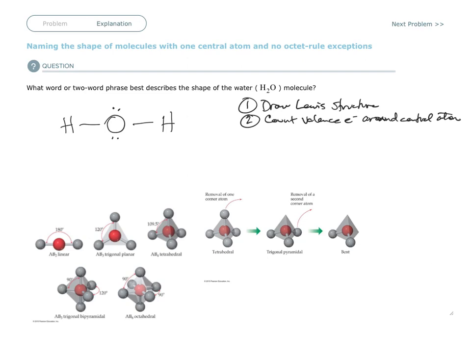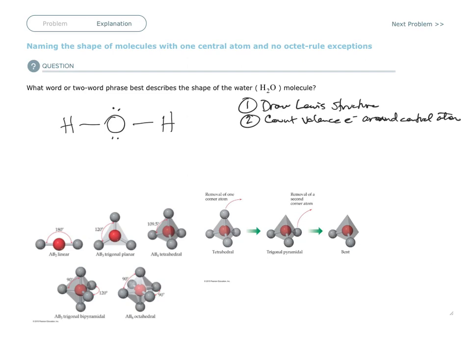So you're going to draw the Lewis structures, count the valence electrons, and then from your knowledge of the shapes, decide what kind of shape goes with the number of ligands. So if there's 2 but it's not bent, then it's going to be linear. It'll be a one-word answer.